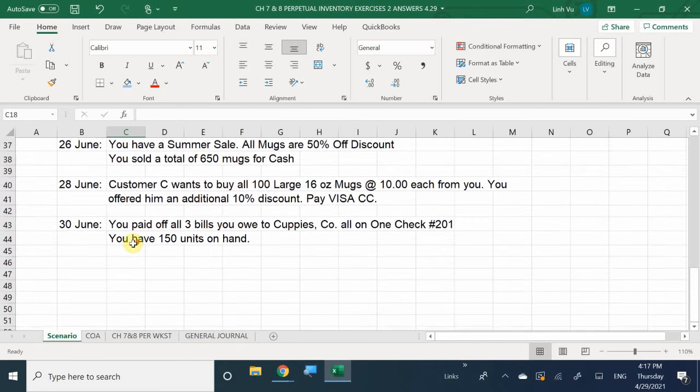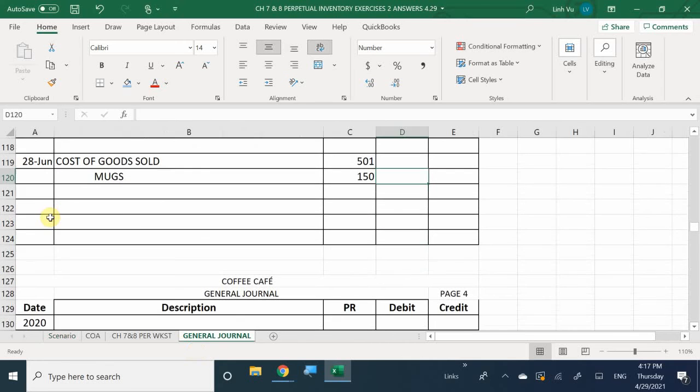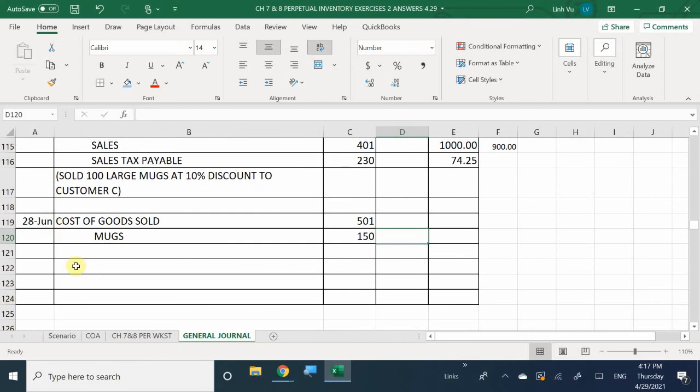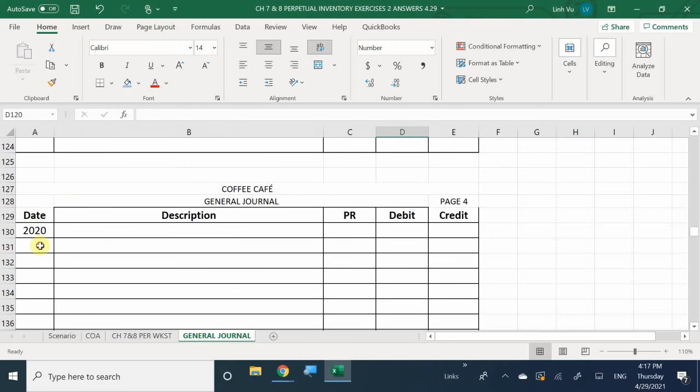Okay, so let's go ahead and at least journalize the foundation here. So if I'm attempting to make a payment to my bill, go ahead and start on the new journal because there's a couple items that I have to put in there. So page 4, this is 6/30, right? We're at the end of the month.